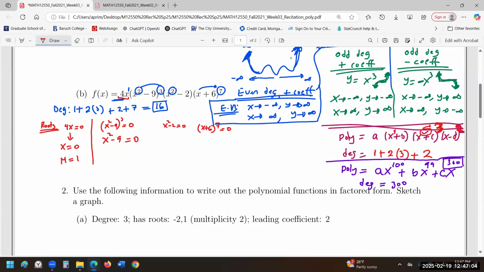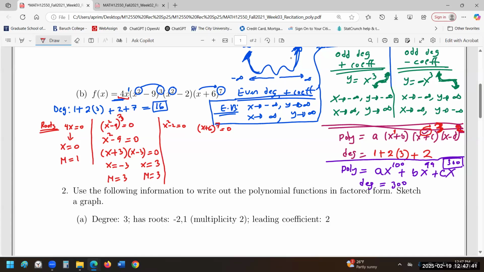This factor has multiplicity 3, so when you solve for x, each root we are going to see 3 times. So we have x plus 3, x minus 3 equals 0, because x squared minus 9 is x squared minus 3 squared, so we can factor. We get x is negative 3 and x is positive 3. Each one of them will have multiplicity 3 because this factor has power 3.